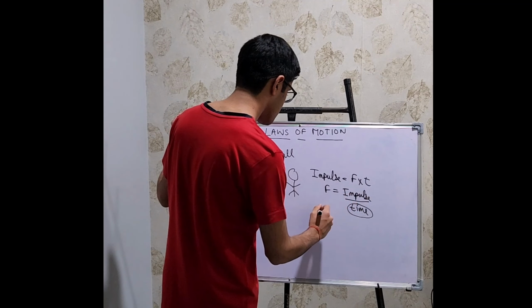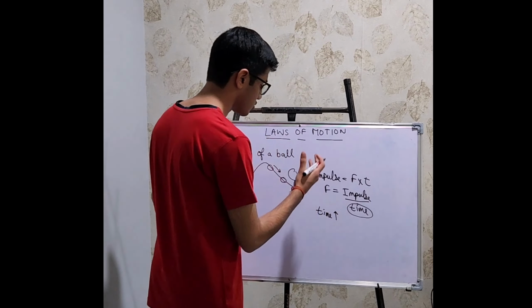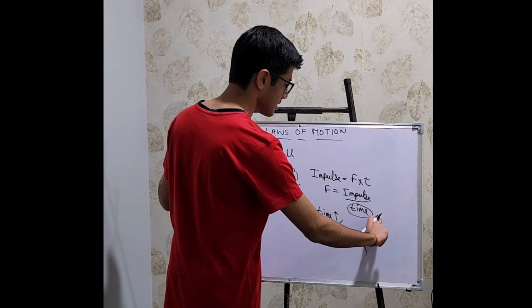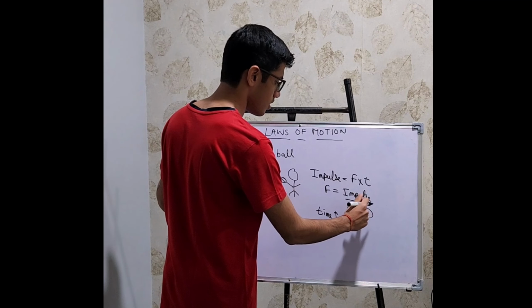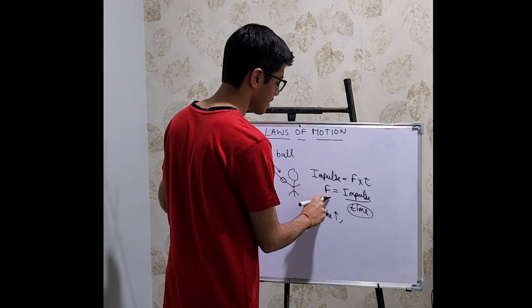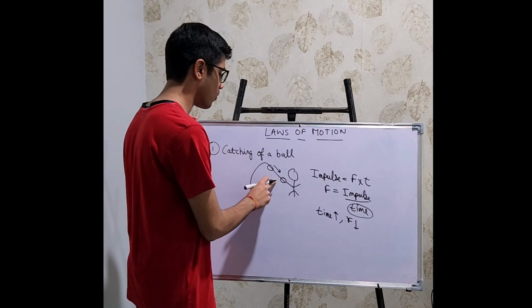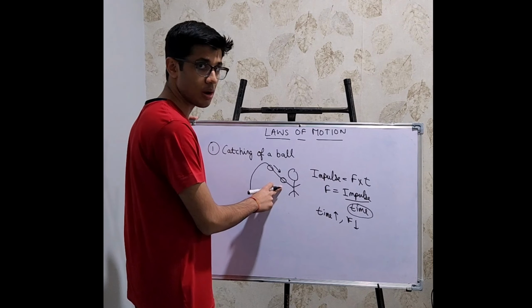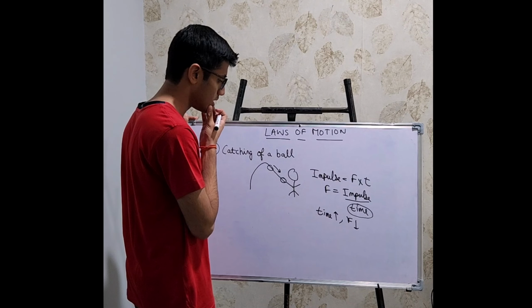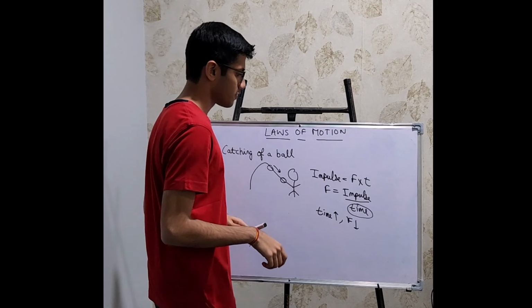So that means if we increase the time taken to catch the ball, then the ratio will be small, and since force is equated with the ratio, the force will also become small. So the force exerted by the ball on our hands will be very small. So this is how we can prevent injuries on our hand. So this is one example of catching of a ball.